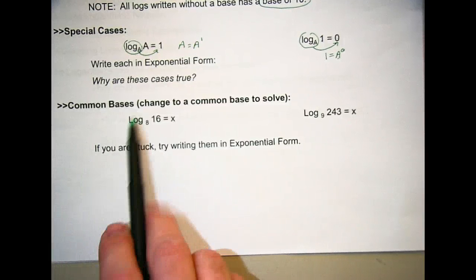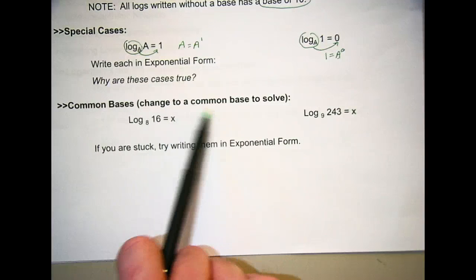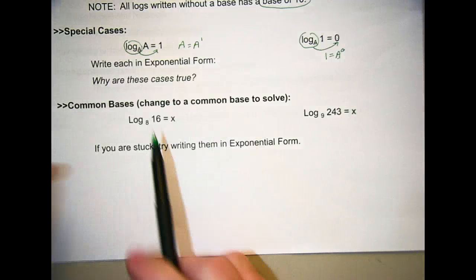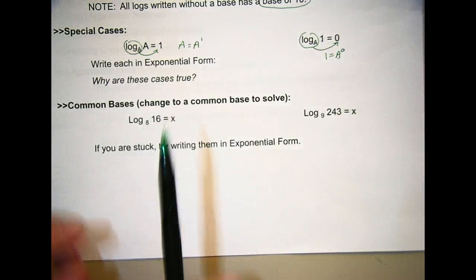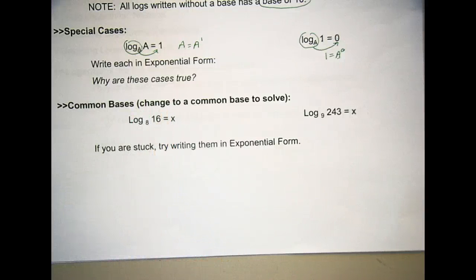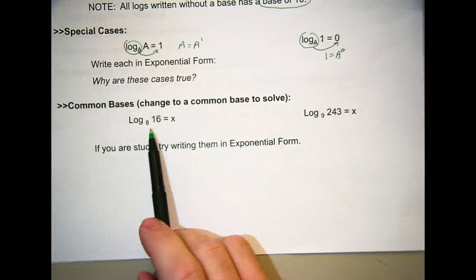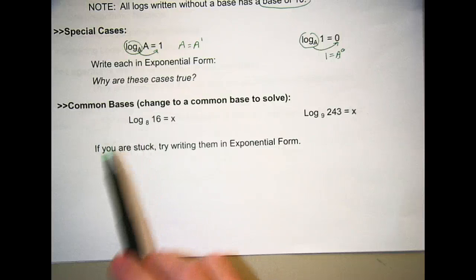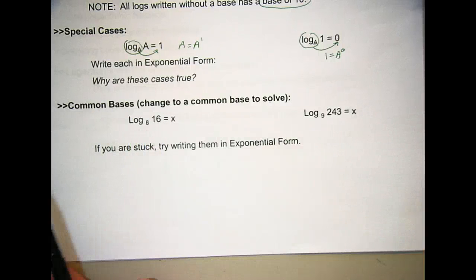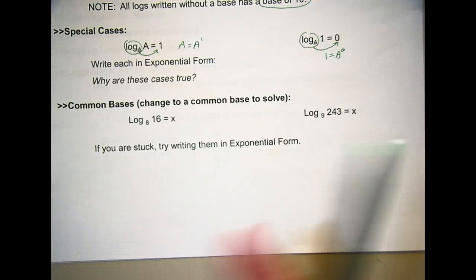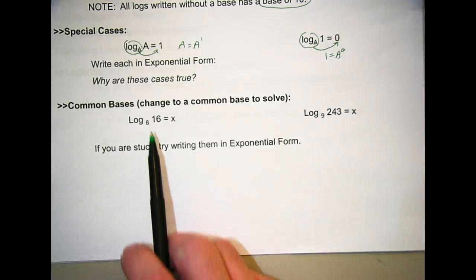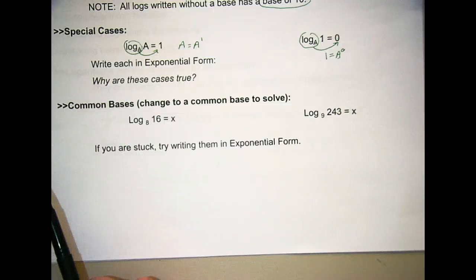All right, common bases. We're going to change to a common base to solve this. So if I say log base 8 of 16. Now, if you know how to use your calculator to calculate this, the goal is not for you to use your calculator. So just put your graphing calculators away right now if you can't resist. Otherwise, just put it away.